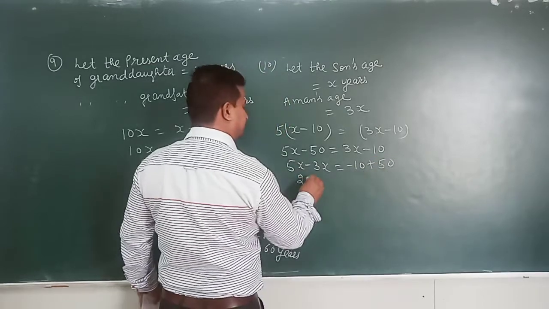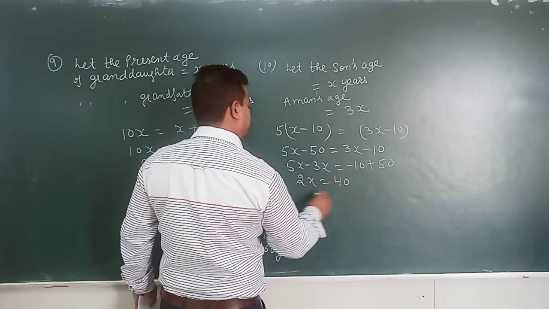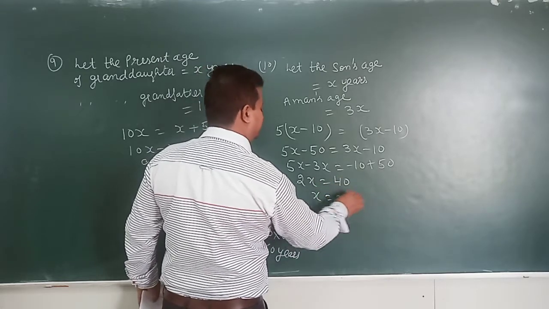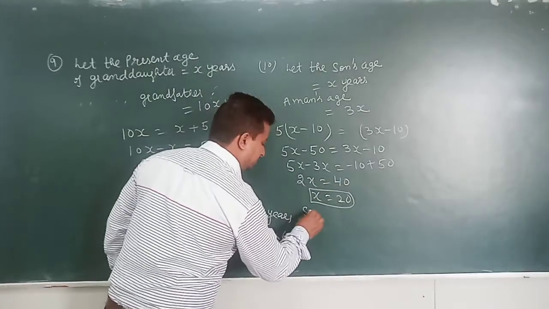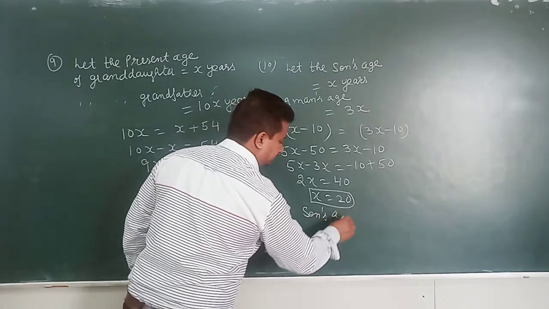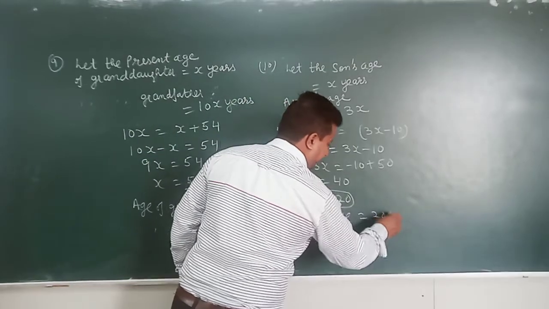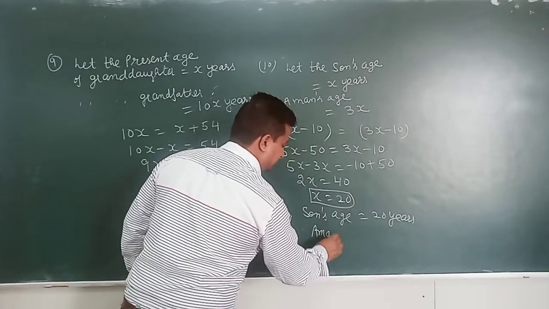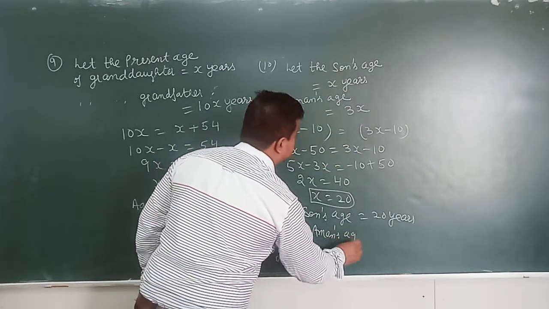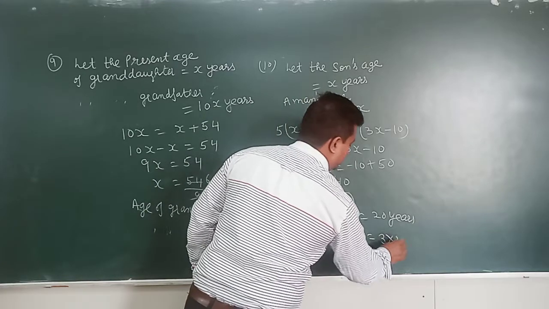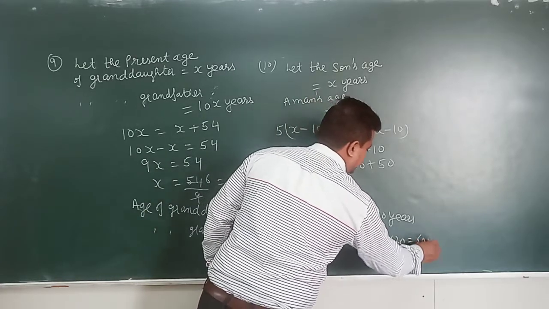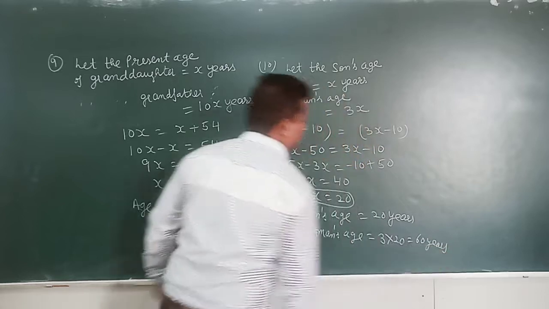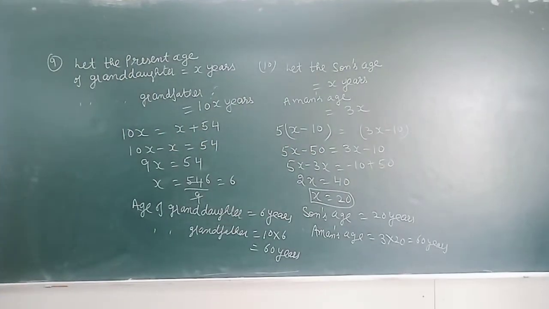So 2x equals 40, then x is equal to 20. This means son's age is 20 years and Aman's age is 3 into 20, 60 years. This is the answer. It's very simple.